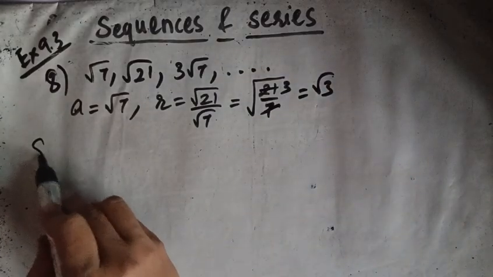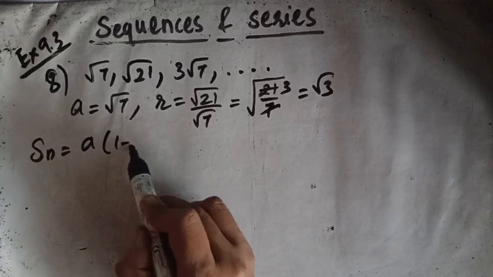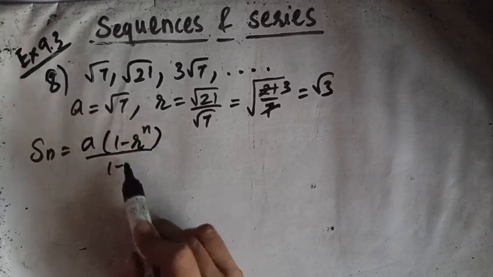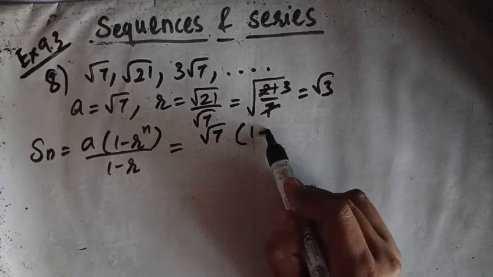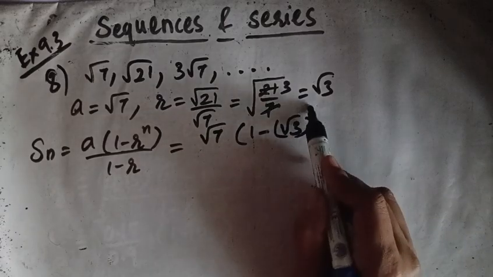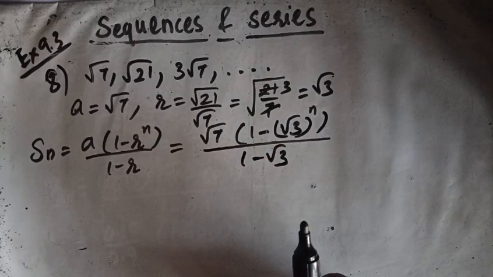Sn is A into 1 minus r raised to n upon 1 minus r, so root 7 into 1 minus root 3 raised to n upon 1 minus root 3.